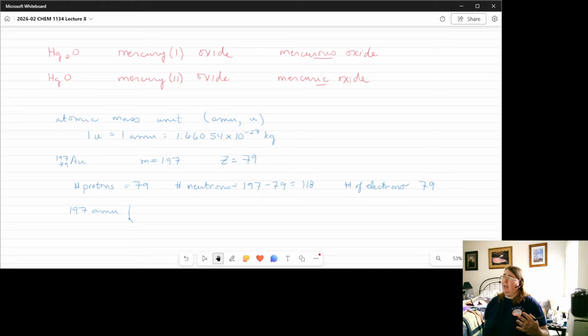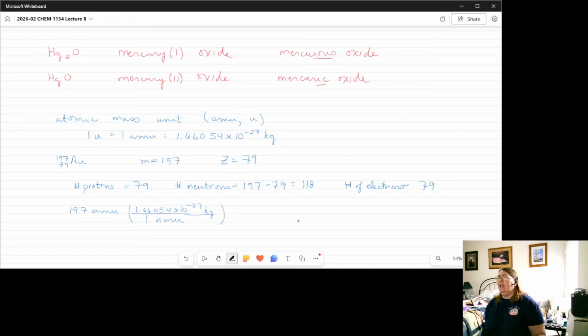So if I write my units and do this in this particular way, if my units don't cancel, I know I've made a mistake. Now, I know I have this relationship between AMU and kilograms. And if I want AMU to cancel, just like any fraction, I want the AMU on the bottom, and that means on the top is the other value. Why can I put that number on the top?